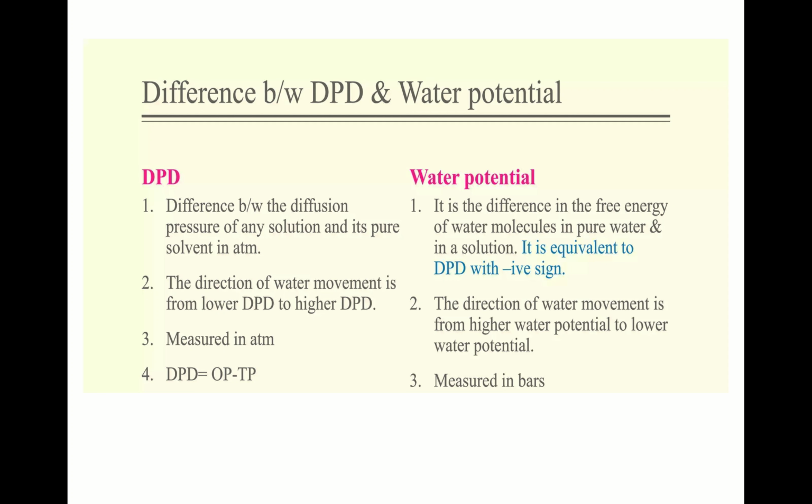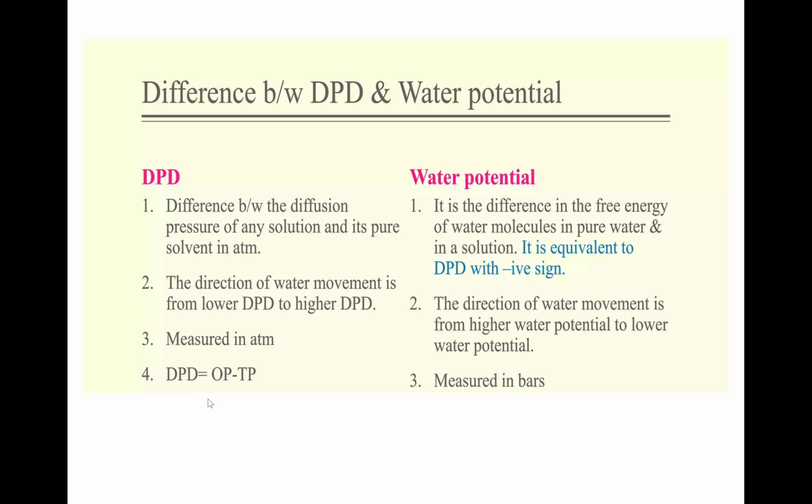In NEET, I've seen questions where they ask: consider a cell A having an osmotic potential of 10 and turgor potential of 4. You just minus this, 10 minus 4 is how much? 6.